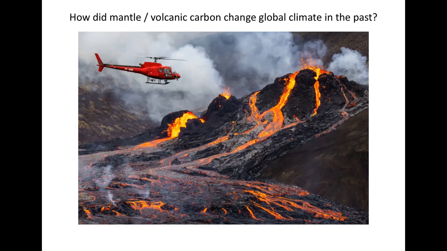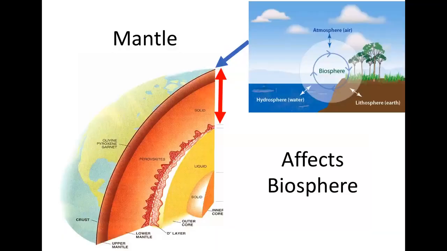So how can we explain how the mantle via volcanoes could have driven climate change in the geological past? This is where my research interest comes in. I've spent a lot of time looking at mantle processes. The mantle is the layer of earth beneath the crust and the tectonic plates and above the iron core.